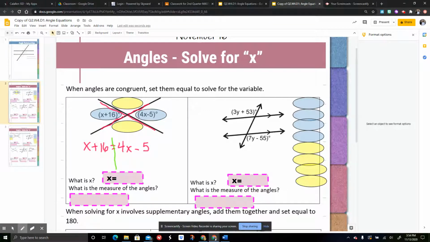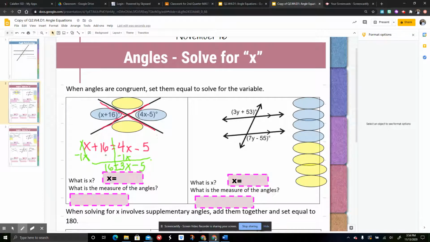We always take the smaller x and move it over to the bigger x. So this is basically like saying 1x. So I'm going to subtract 1x here to get rid of it. And 4x minus 1x is 3x. I bring down whatever I haven't used yet. So 3x minus 5 on the right equals 16 on the left.